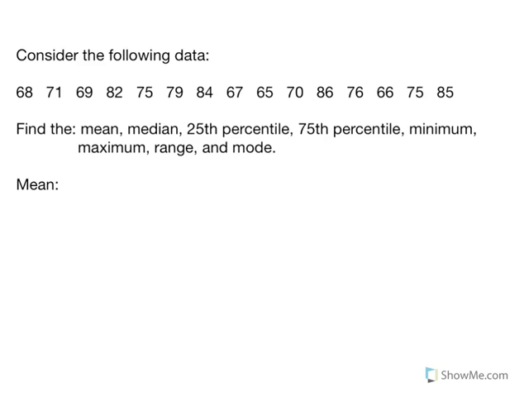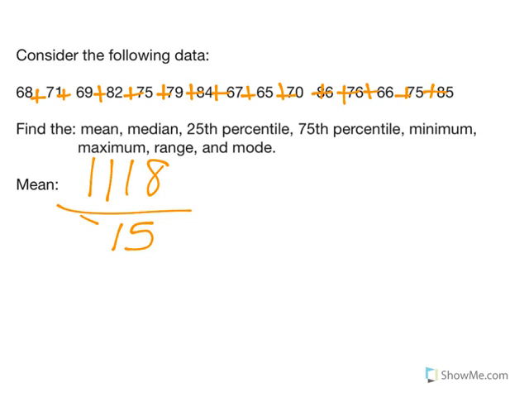So first, the mean. Remember that the mean is the average, right? So we want to first add all of these numbers together. When you add them all together, you should get a total of 1,118. And to find the average, we divide by 15 because there are 15 numbers.